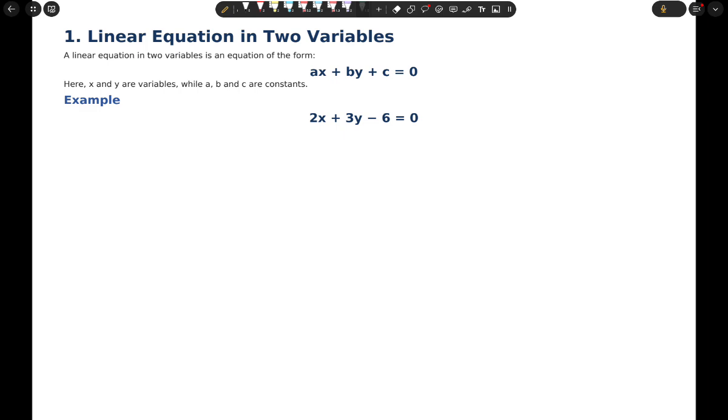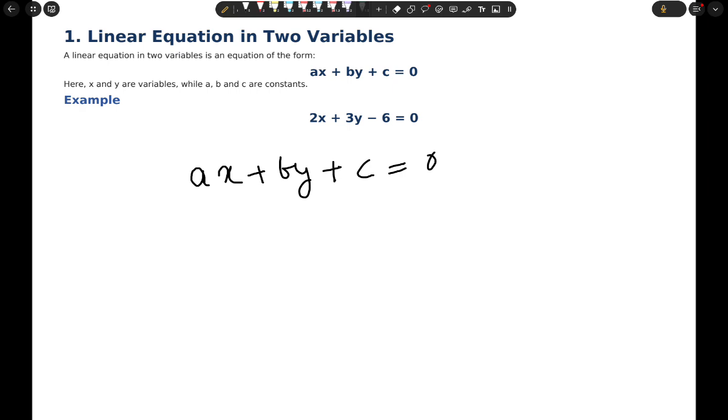We have the standard representation of a linear equation of two variables, that is ax plus by plus c is equal to 0. Here a, b, c are the constants, and x and y are the variables having the degree of 1.